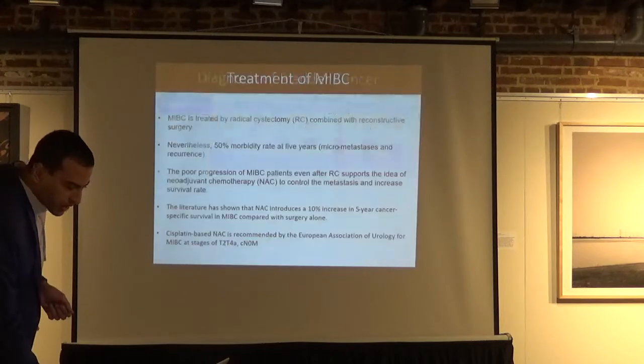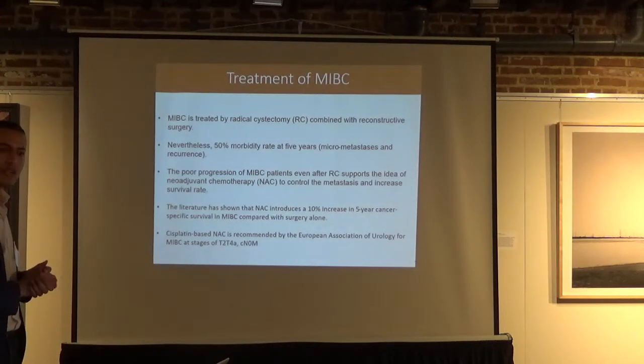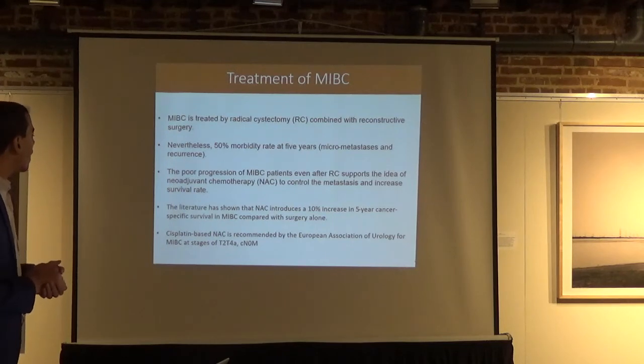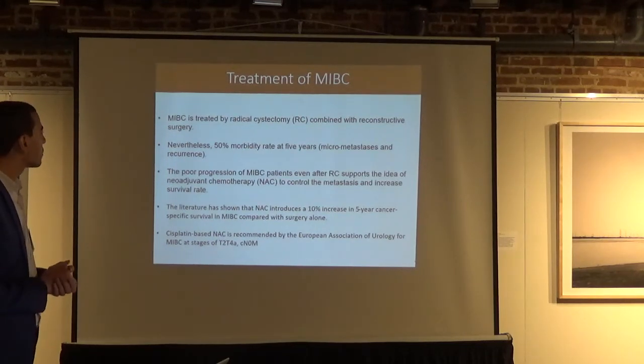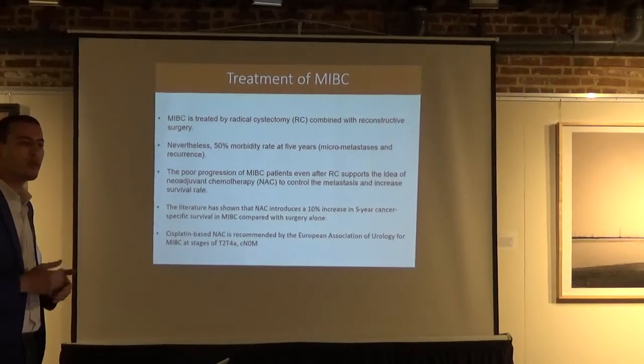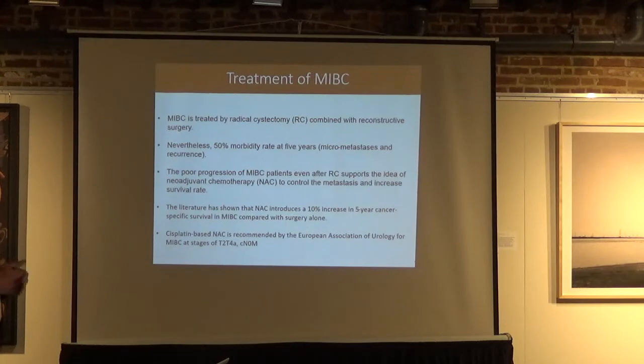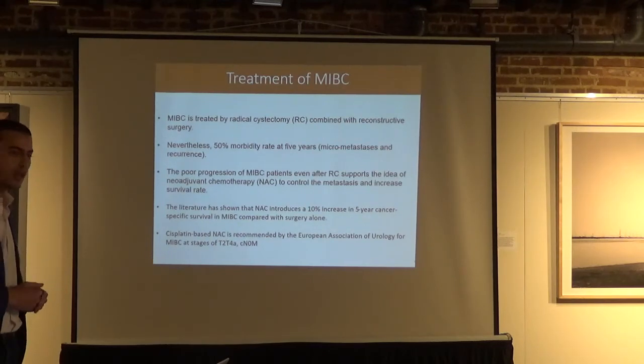My survey is focused on the treatment of muscle invasive bladder cancer. The typical therapy is radical cystectomy followed by reconstructive surgery. However, even after radical cystectomy, half of the patients die.